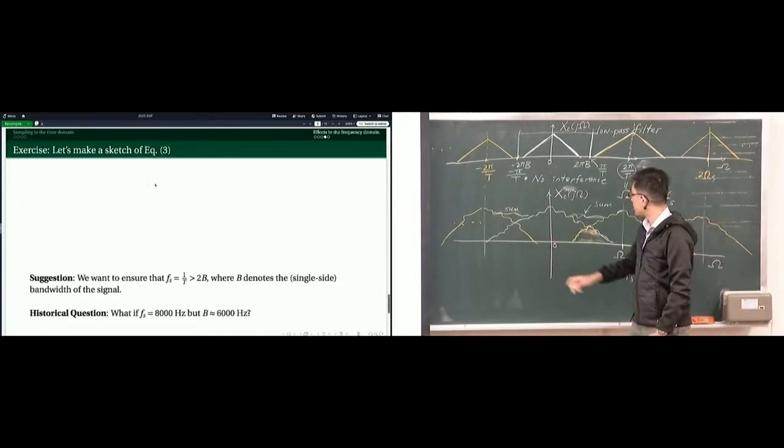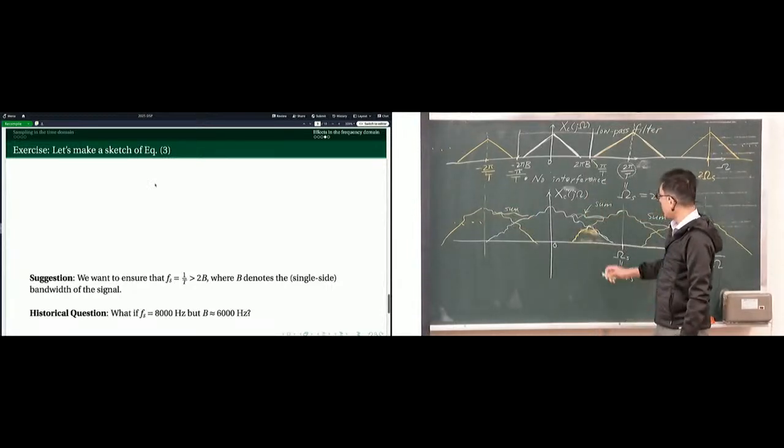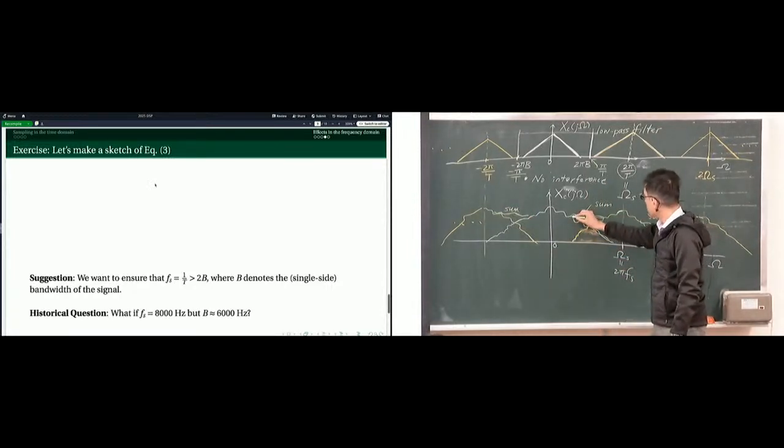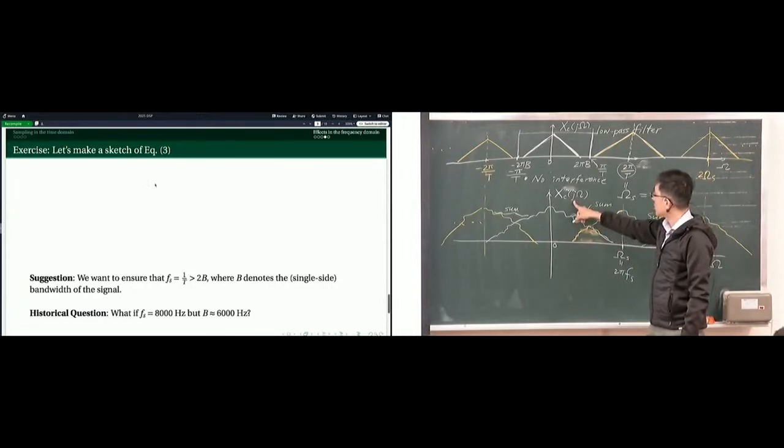But in this case, when we sum up, I kind of hesitate to really say that now green is white plus yellow. I hesitate to say that the green is a sum of yellow and white. The reason is that the spectrum has complex values.